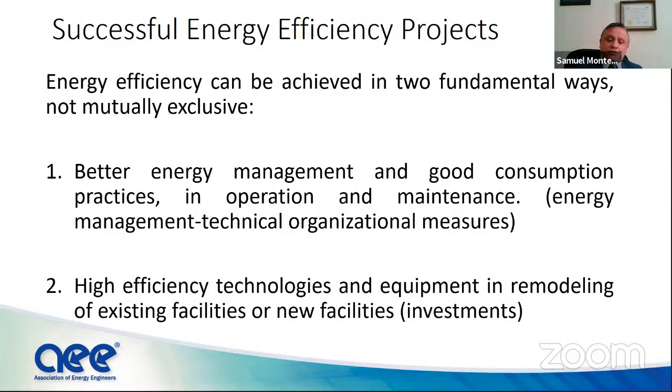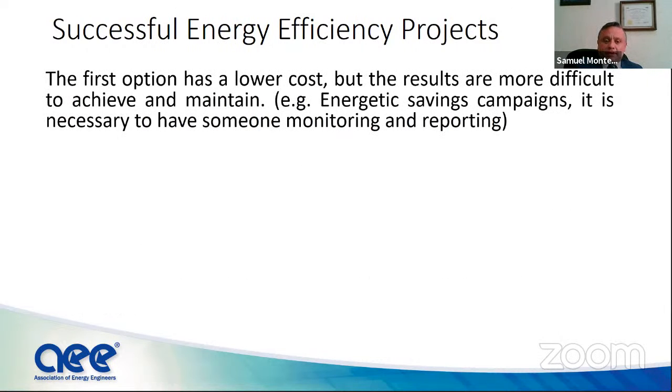Number two, high efficient technology and equipment in remodeling of existing facilities or new facilities. This is investment. The first option has a lower cost, but the results are more difficult to achieve and maintain. For example, an energy saving campaign is necessary to have someone monitoring and reporting. And this is like a foreman or supervisor, and the person becomes the most hated because the supervisor or the foreman turn off the light, turn off the air conditioner.